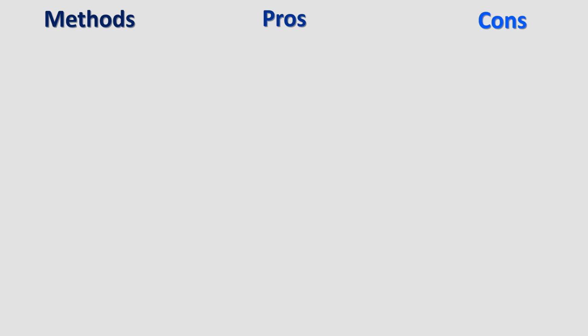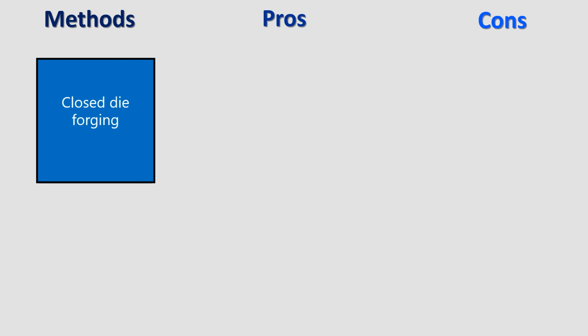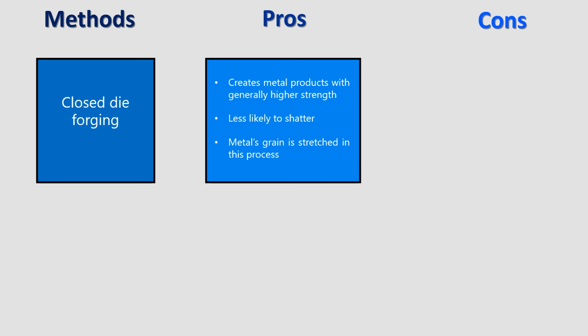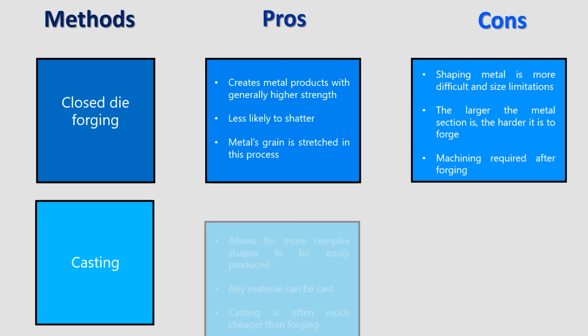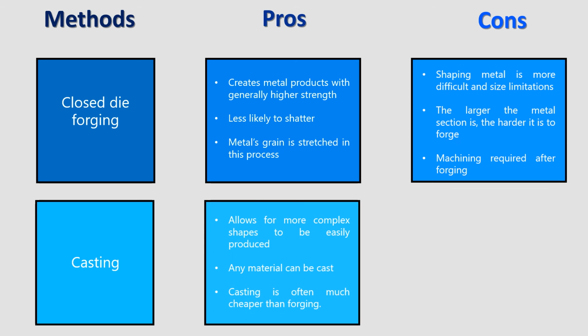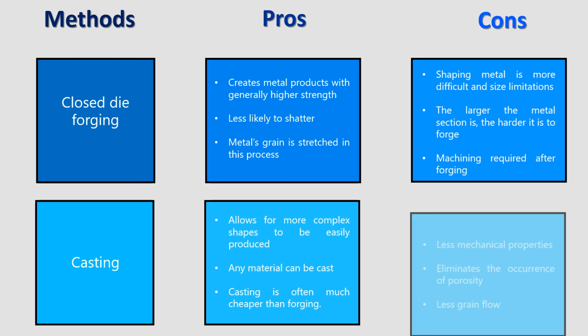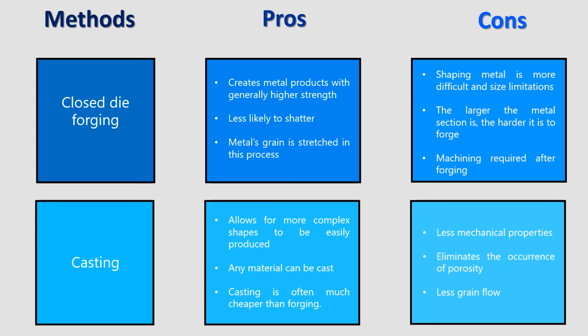As you can see in the slide, one of the advantages of using closed die forging is that it is capable of producing products with higher strength. One of the disadvantages is that it needs some machining after the process. For the casting process, one of the advantages is the possibility of casting any material, and one of the disadvantages is that it has lower mechanical properties than the forging process.